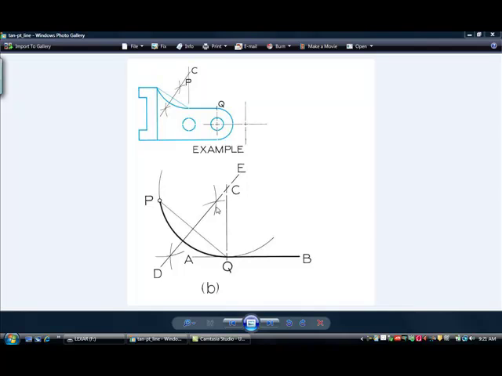Therefore, with those two criteria, where those two lines intersect should provide you the center point of the arc that complies with the requirements of being tangent at point Q and passing through point P.